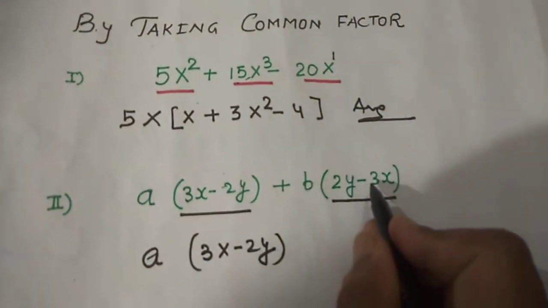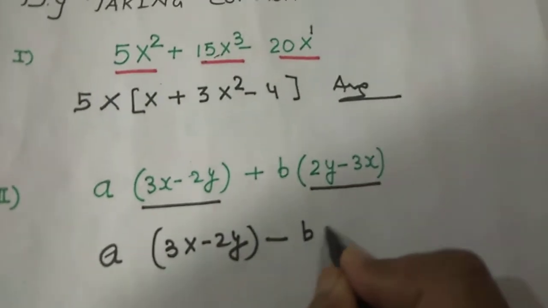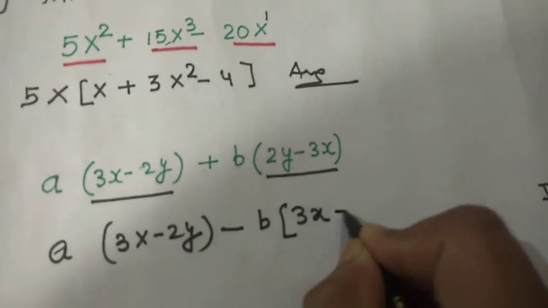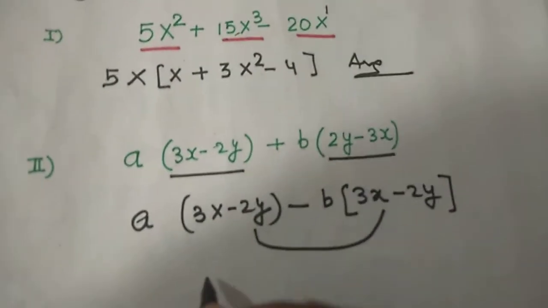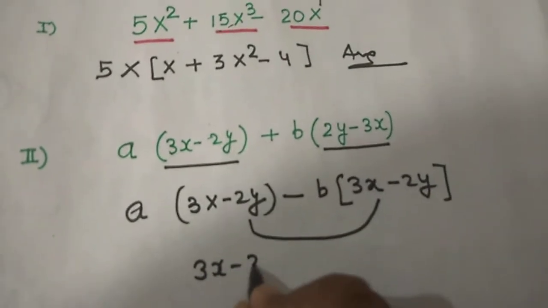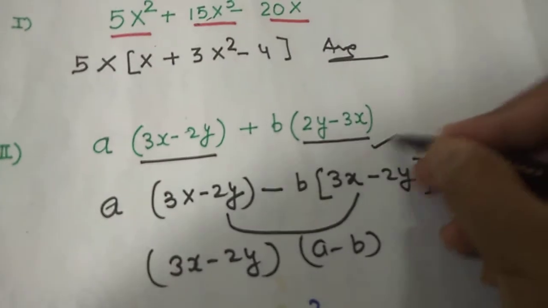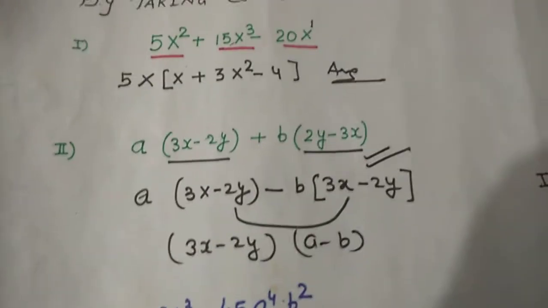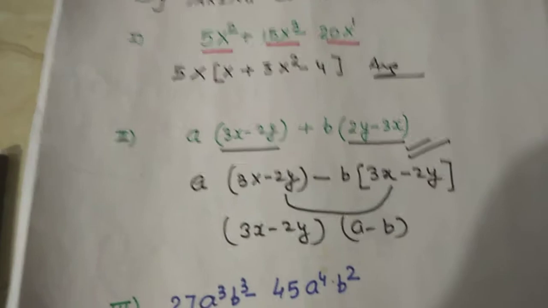Now if you take minus common, this will be minus, and then the 3x will become negative and 2y will become positive. Now you check, these two terms are common: 3x minus 2y is common. So here is the sign problem. You sometimes have to take the minus or plus also as a common factor.